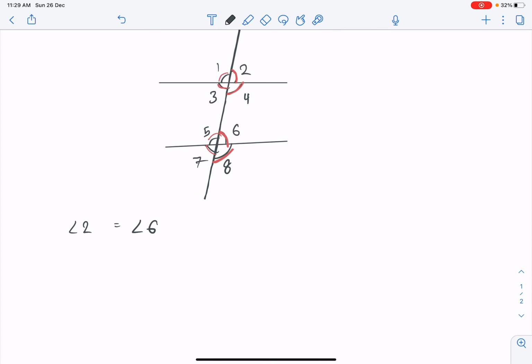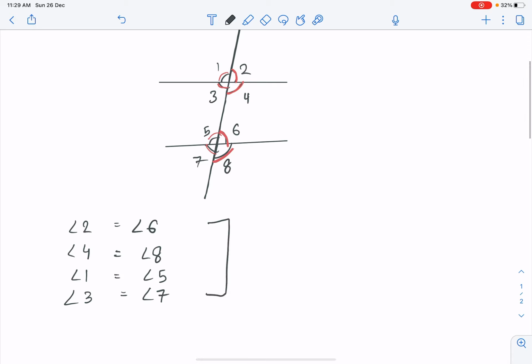Let's write it. So angle 4 is equal to angle 8, angle 1 is equal to angle 5 and angle 3 is equal to angle 7. You can understand the pattern, right? Why? Because this forms corresponding angles.